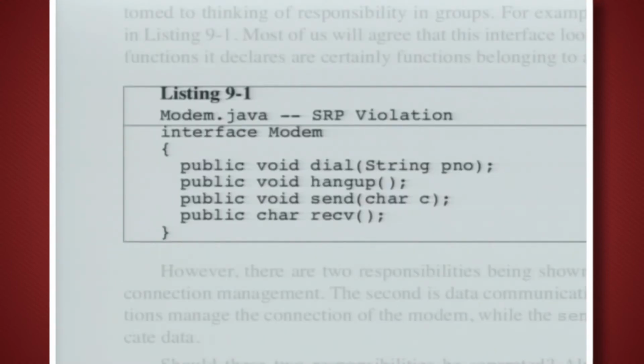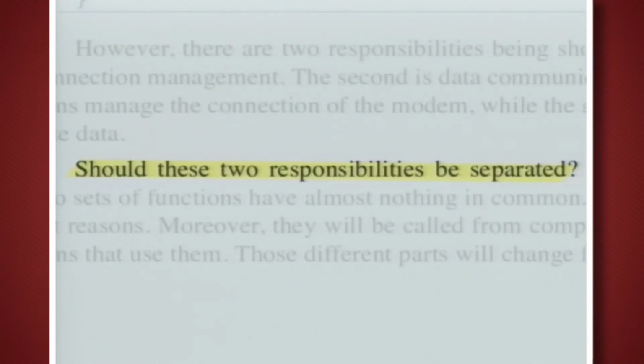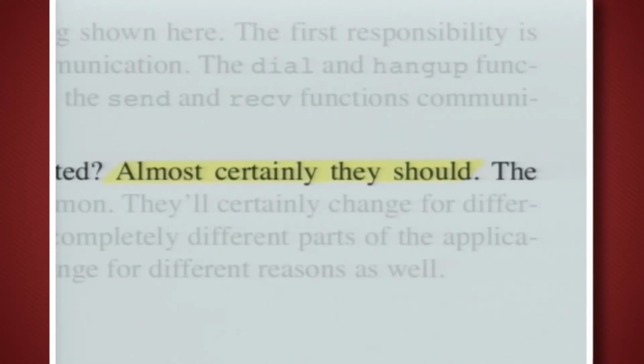To illustrate the principle, Uncle Bob shows an example of a Java interface where he identifies 2 different responsibilities. And then he asks himself, should these 2 responsibilities be separated? The answer in one of the versions of the article is, almost certainly they should, which is fair enough.